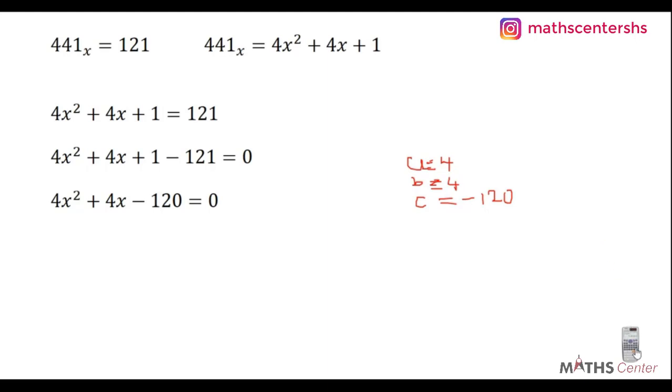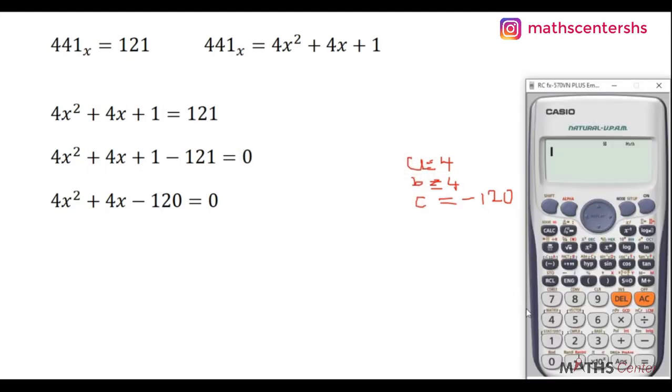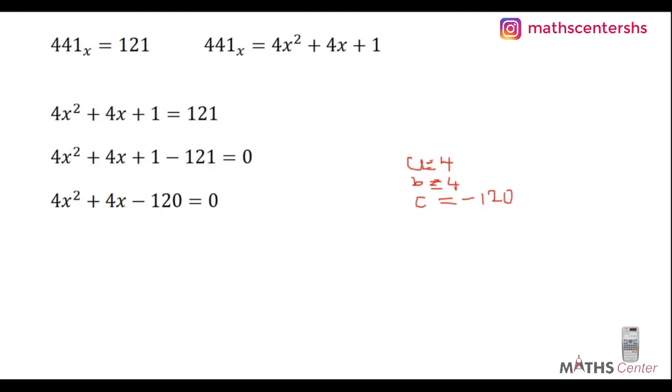So if you multiply A by C, 4 times 120 will give us 480. Since it's negative here, you are going to have negative 480. So A times C is given as negative 480.